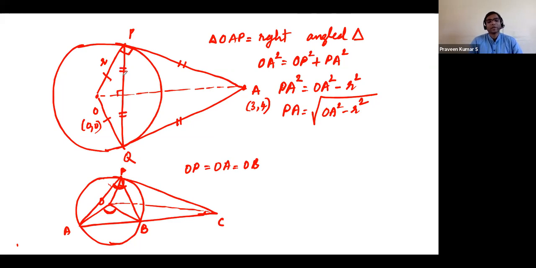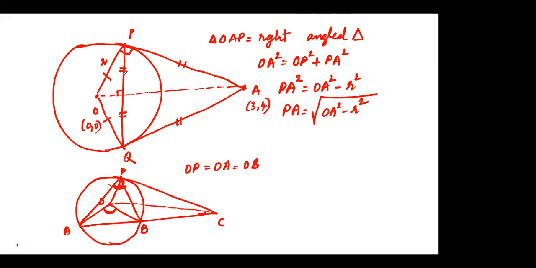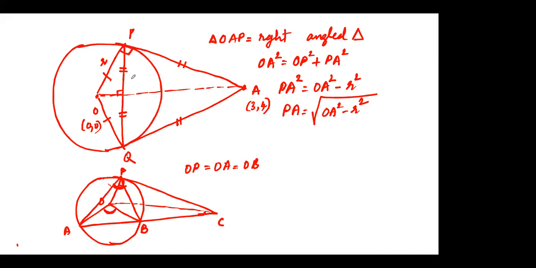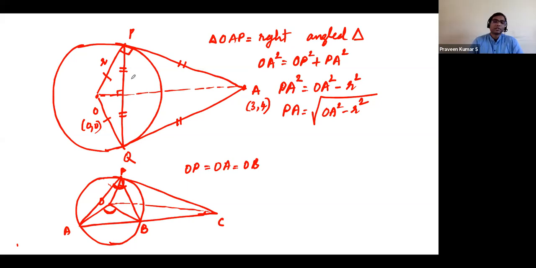This is also the perpendicular bisector. Now, if you take this one small triangle here, you will be able to understand multiple properties of that, right?